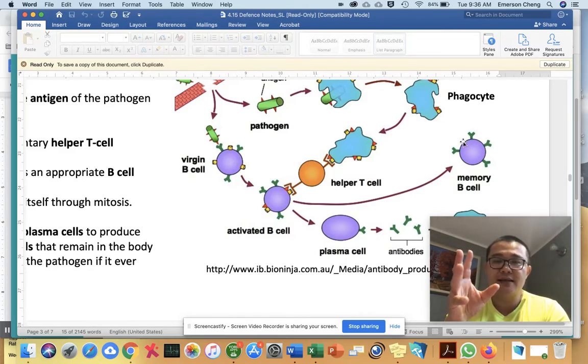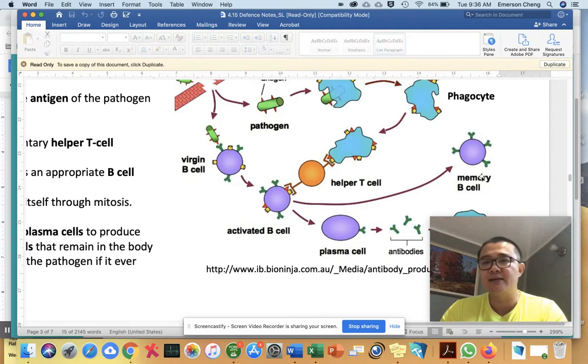The memory B cell is like, oh, I've seen this coronavirus before, let me activate this. So they will kick in and this process will go much faster, so they don't get the disease again, or they can kill the pathogen before the person gets severely sick.